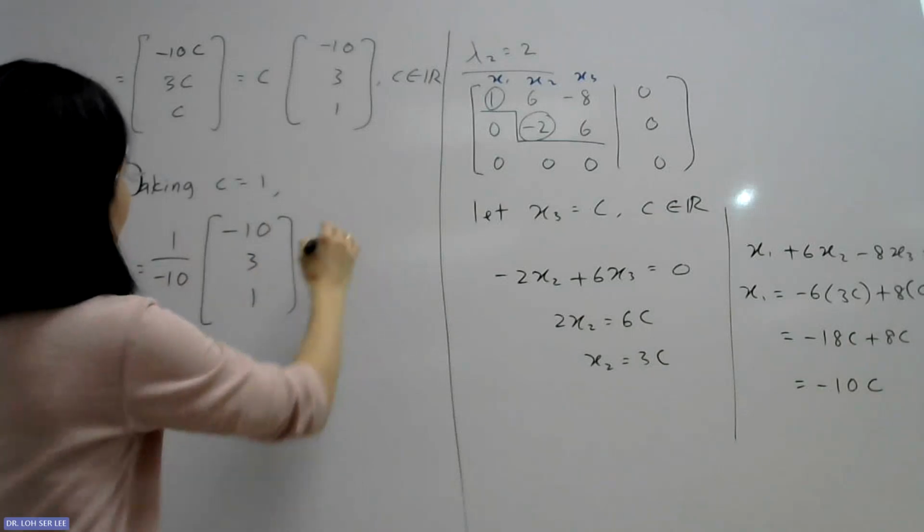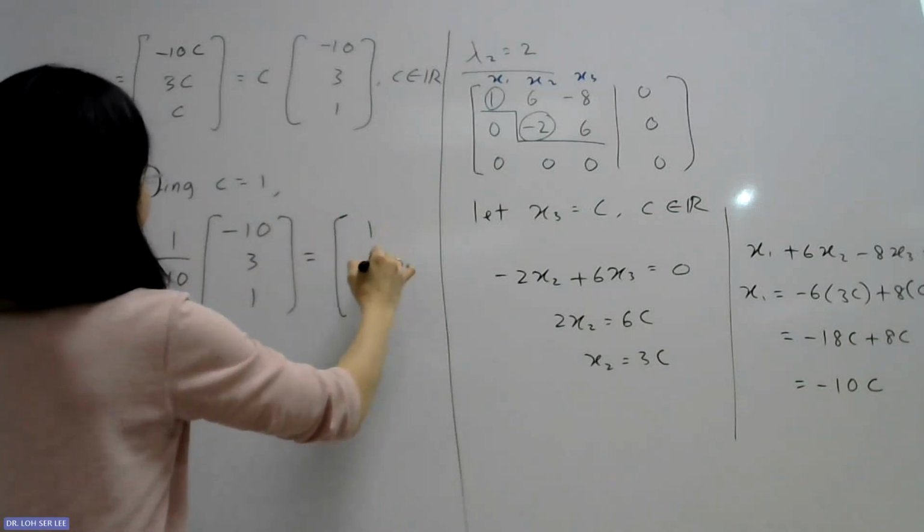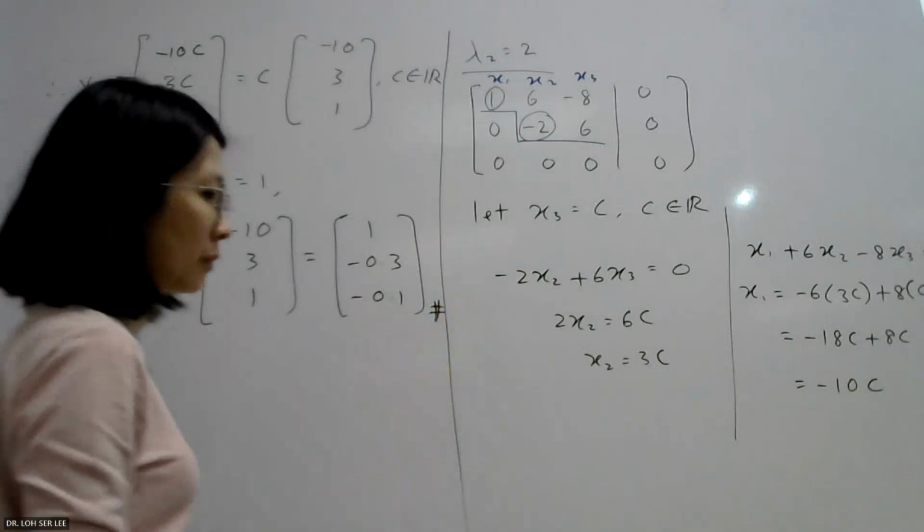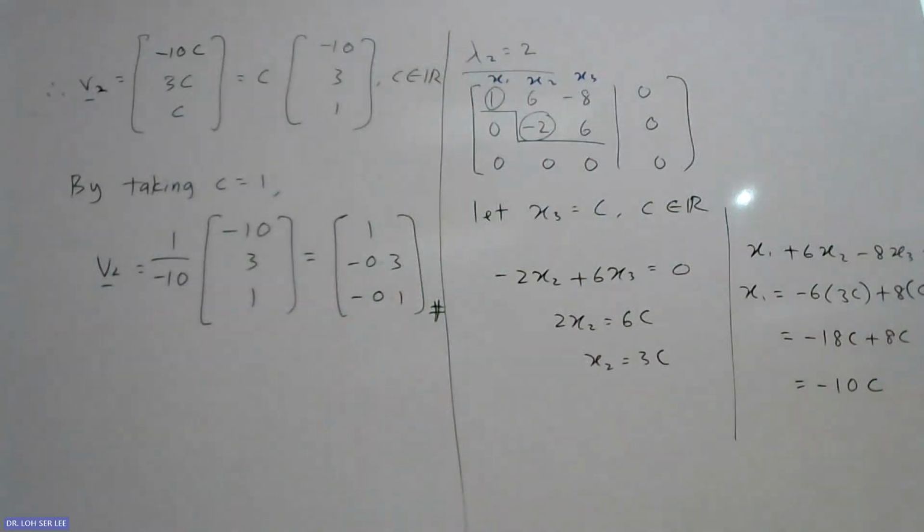So you get a 1, negative 0.3, negative 0.1.